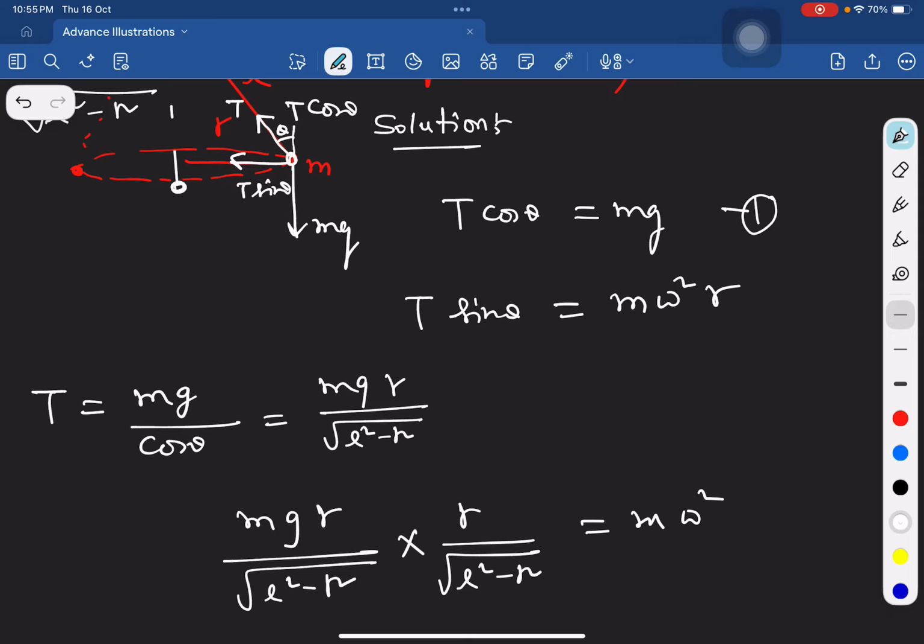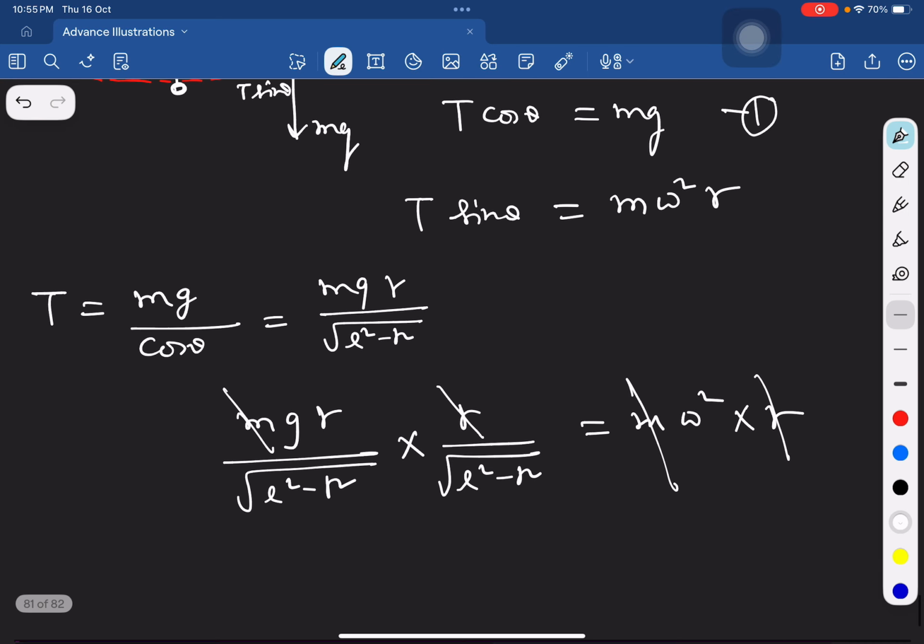R is only the radius. So m cancels, and one r and one r cancel. So omega will be under root of g r divided by l square minus r square.